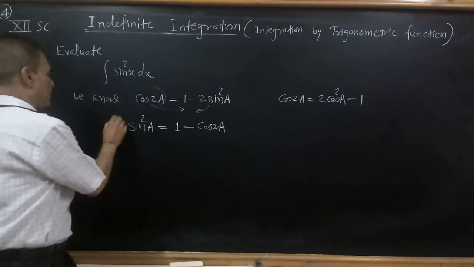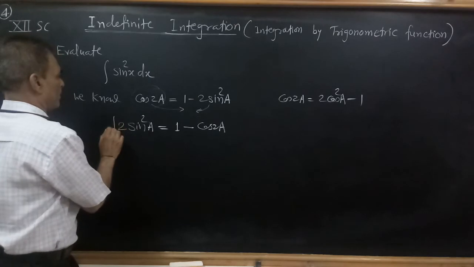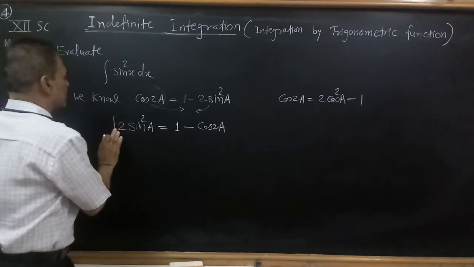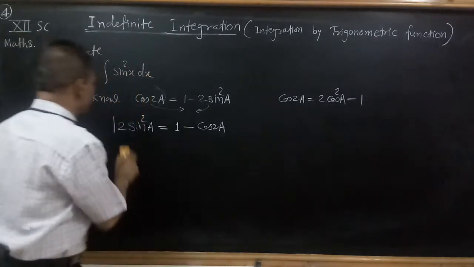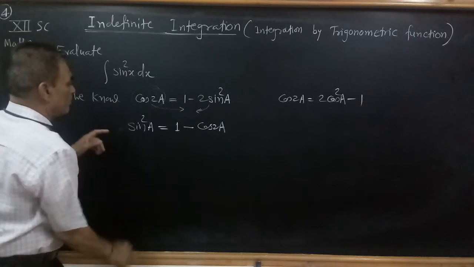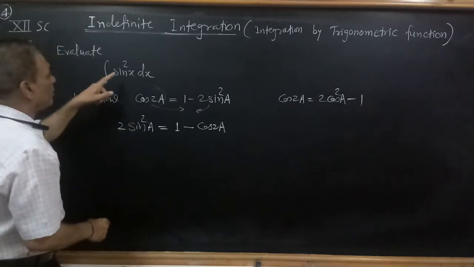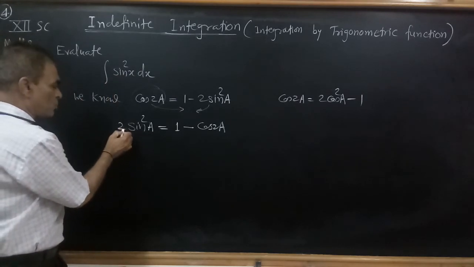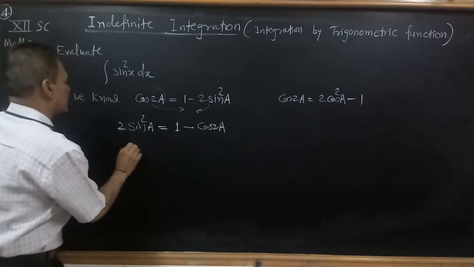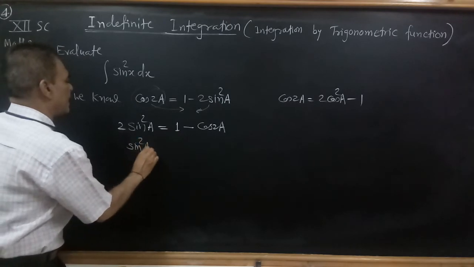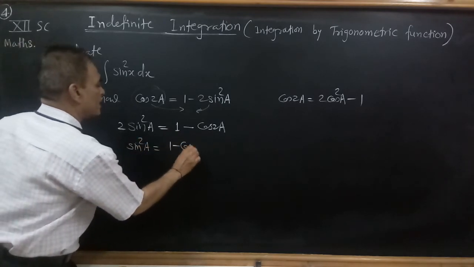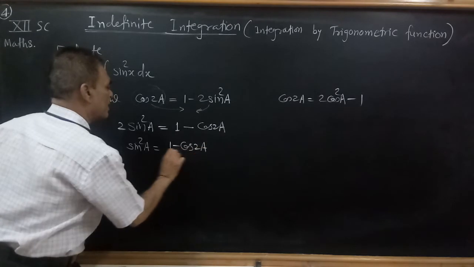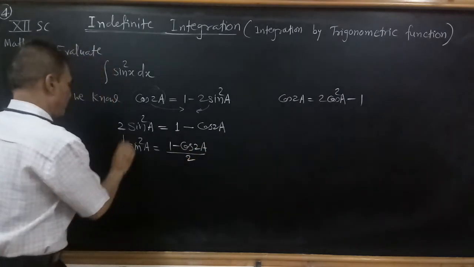Remember this formula carefully. Otherwise, again you can simplify, because I want only sin square a, that's why multiply 2 on the other side, you will get sin square a equal to 1 minus cos 2a divided by 2.